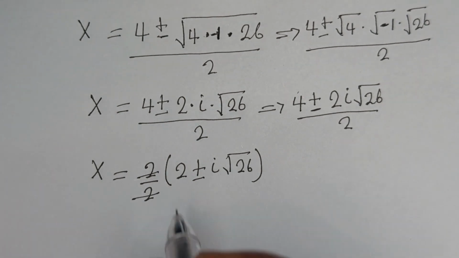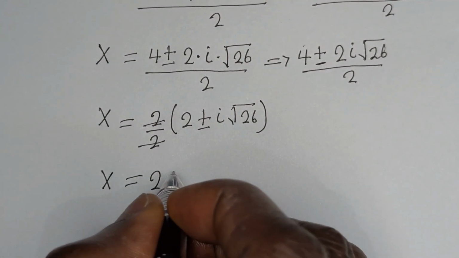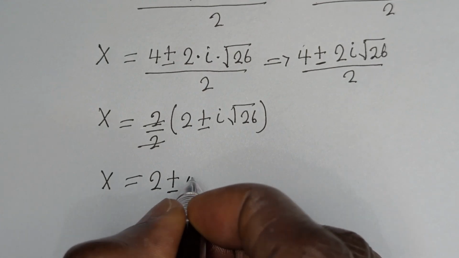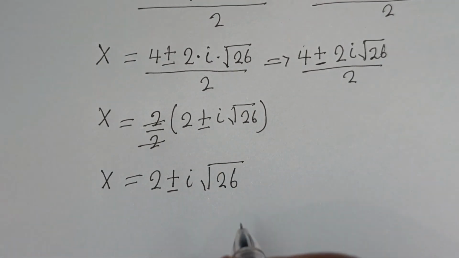Then these two cancel these two. x is equal to 2 plus or minus i square root of 26.